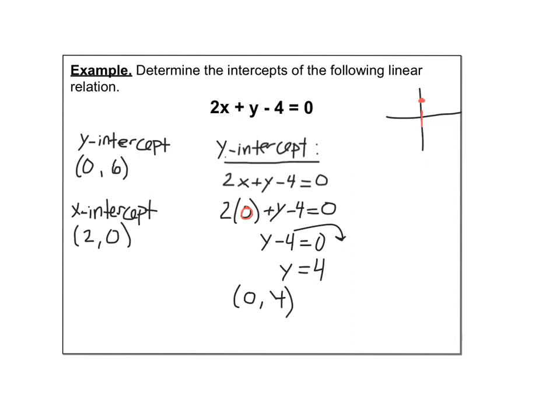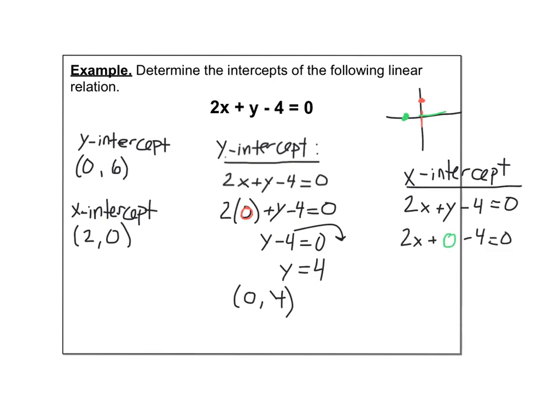So let's do the same thing, but for the x-intercept. So again, I'm going to be substituting a value of 0 in. Now, we want to find our x-intercept, which means that point on the line that it crosses the x-axis. So when it's crossing the x-axis, that means our y value is going to be 0. And now what I'm able to do is solve for that x variable.